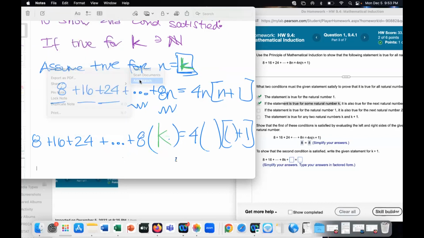Let me just make sure that it's doing this. Hopefully that works.